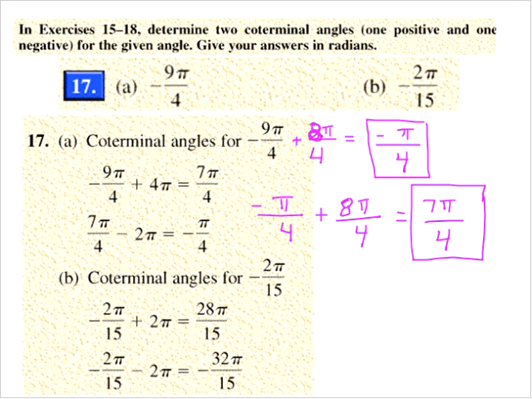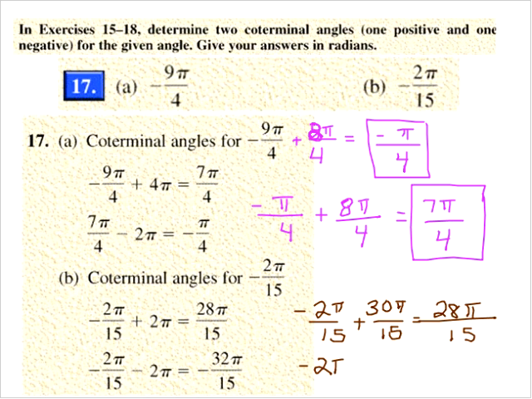Now let's look at part B. We have negative 2 pi over 15. If I add 2 pi, let's see, that would be what, 30 pi over 15? So that gives me 28 pi over 15. That's positive. You can keep going and add another 2 pi, but generally we get one positive, one negative coterminal angle.